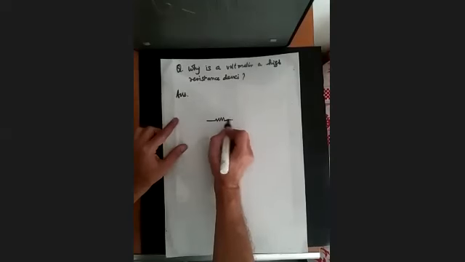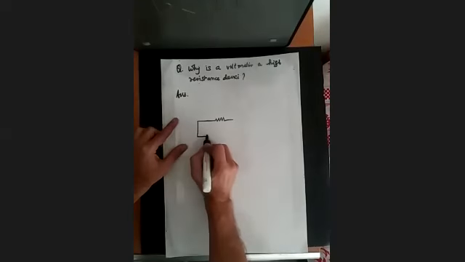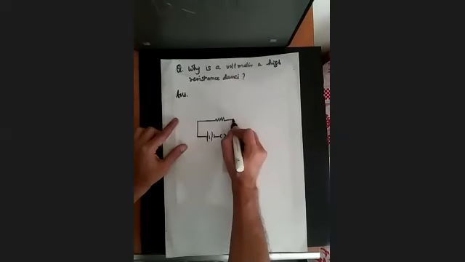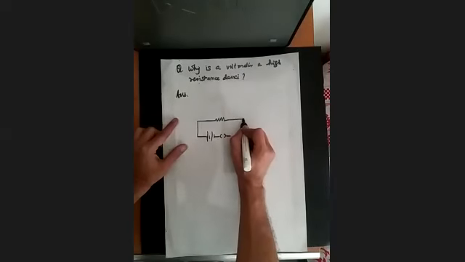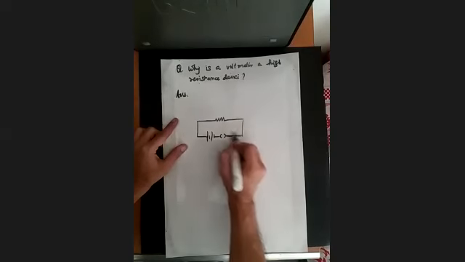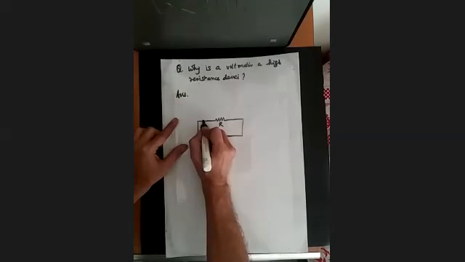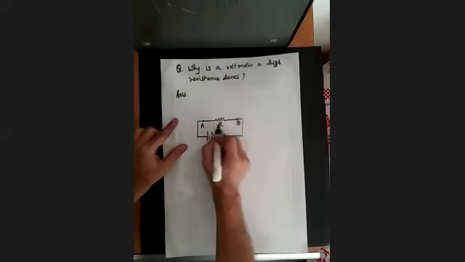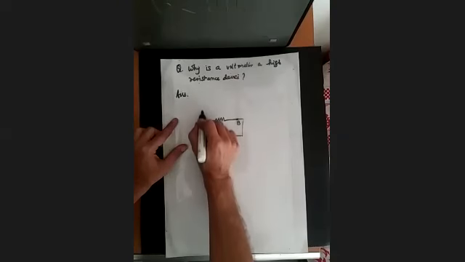Suppose this is the circuit, simple circuit diagram, to measure the potential difference across any 2 points. Suppose you want to measure the potential difference across these 2 points, A and B, across this resistor R.